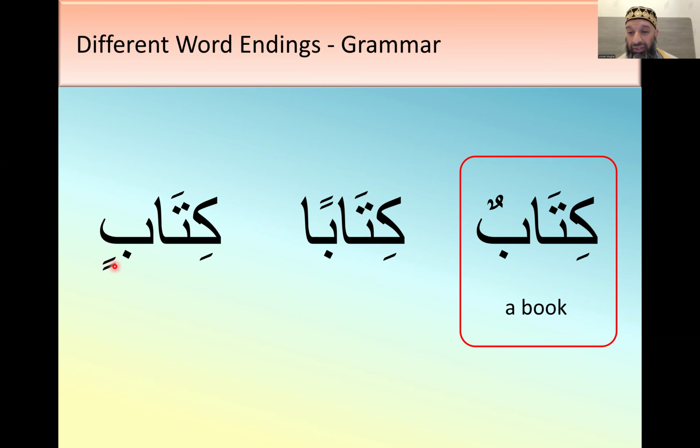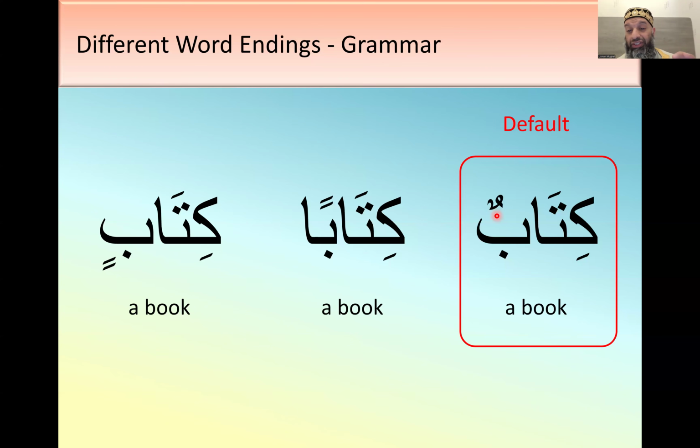Why does it change? We're not going to cover that so much at this level, but I'll give you a bit of information. Some word that comes before it in a sentence is going to cause the default double dhamma here to change. Nouns end in two dhammas by default.